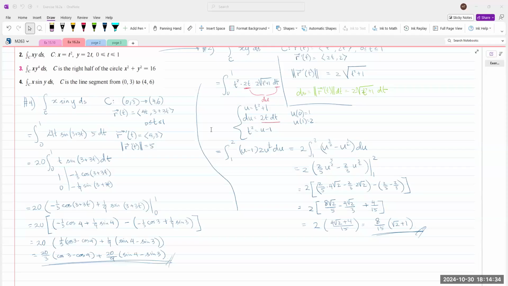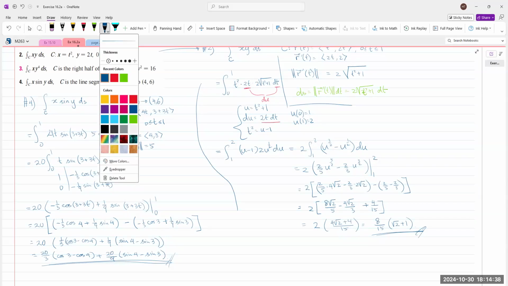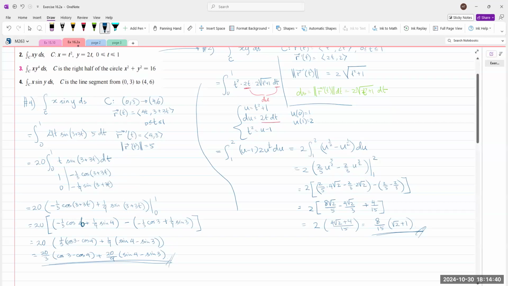You know what? I just realized I made a silly mistake. This is not 4 but 6. When I substitute the t by 1, it becomes 6 here. Instead of 4, it should be 6. Okay.